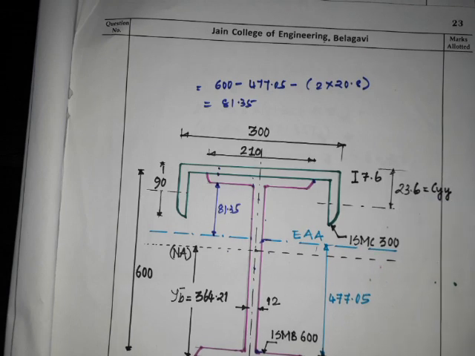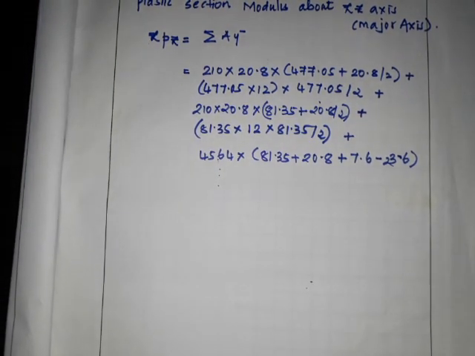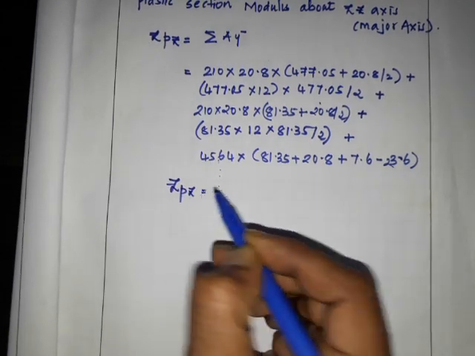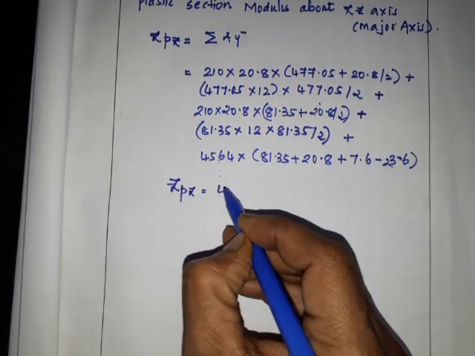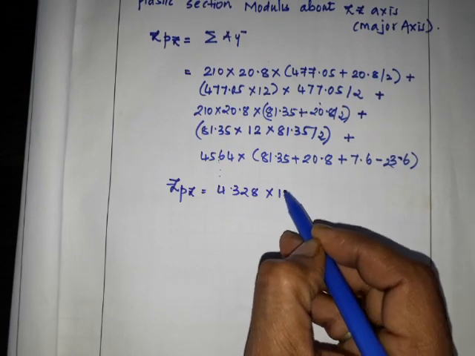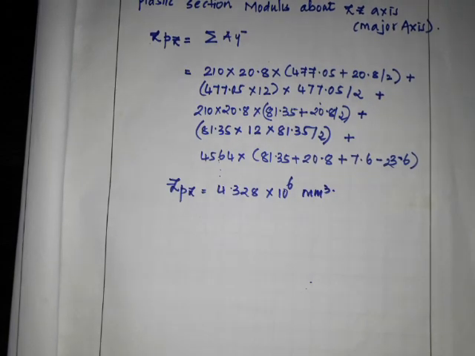So this is regarding the plastic section modulus. We got ZPZ as 4.328 into 10 raised to 6 mm cube.